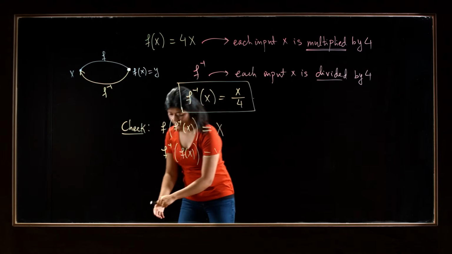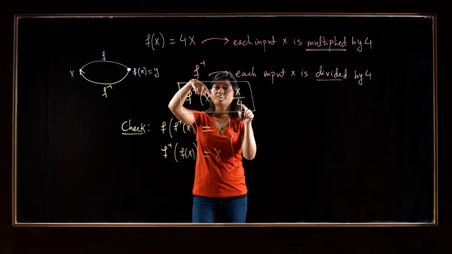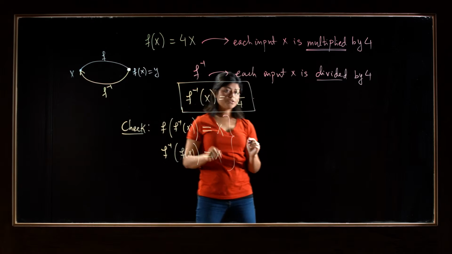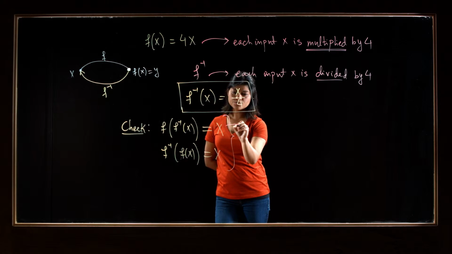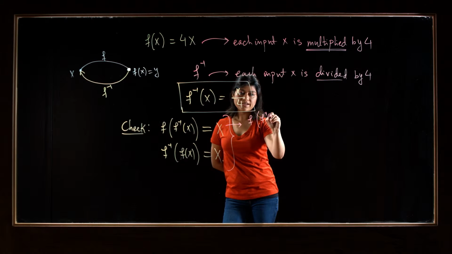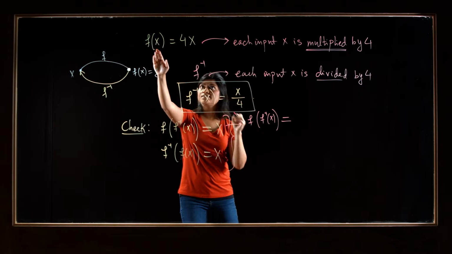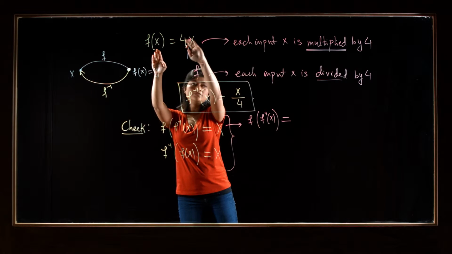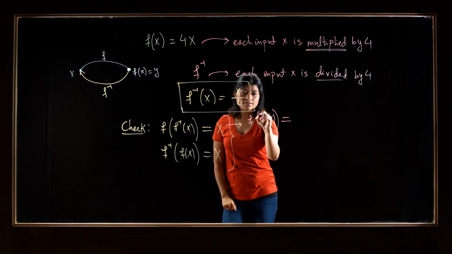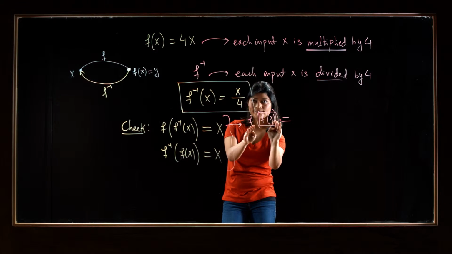So let's see if we can check these two facts using the two function expressions that we have. One, we have f, and the second, we have f inverse. For the first one, let's figure out what f of f inverse of x is. Now f of x is given by the expression 4x. So you're evaluating f at an expression.